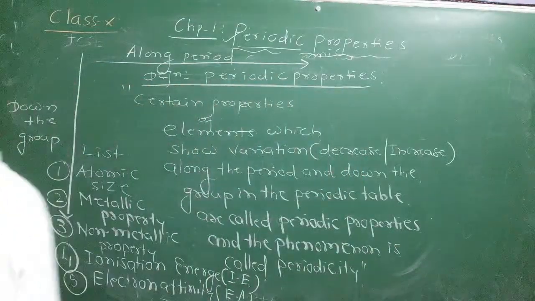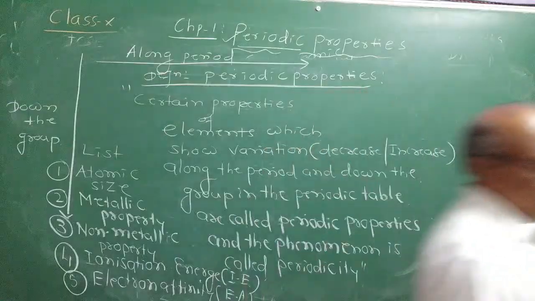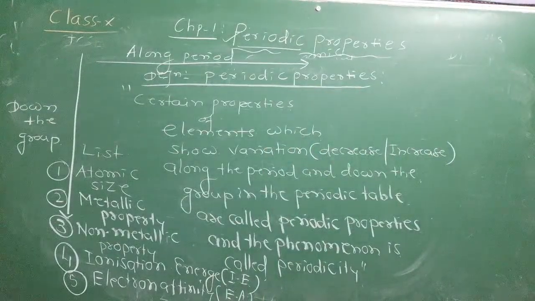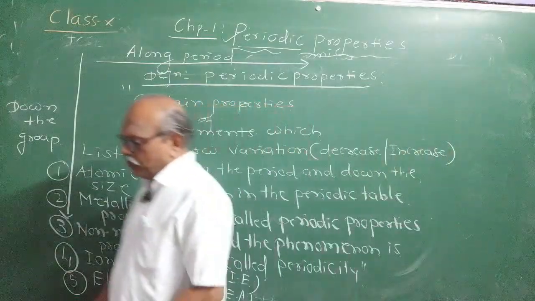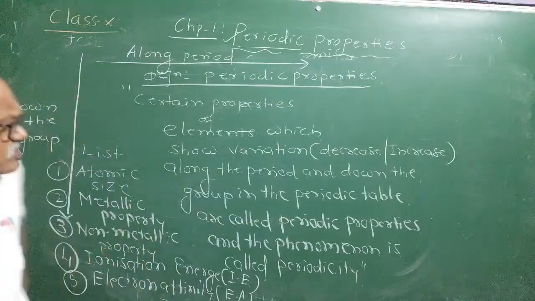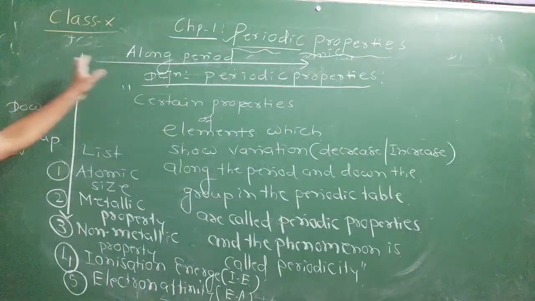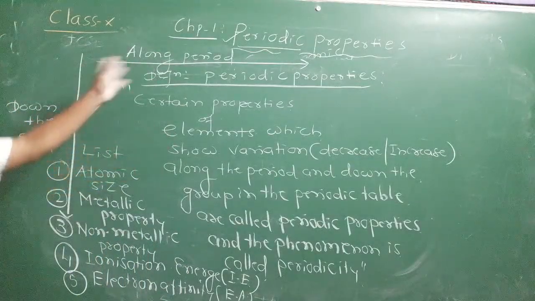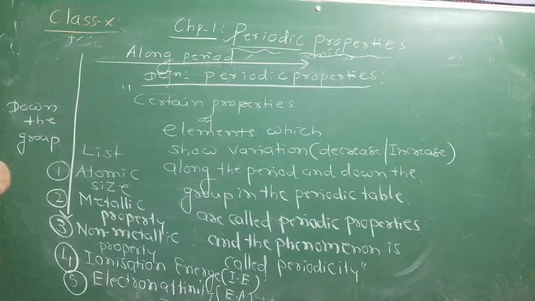First of all, we will try to understand what the reason for this is. Can you think of what the reason is? What is the reason for this periodicity? Why do these properties show variations along the period and down the group? What are the basic reasons for this?